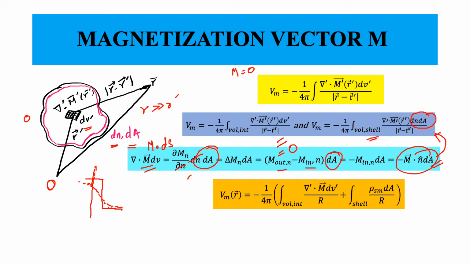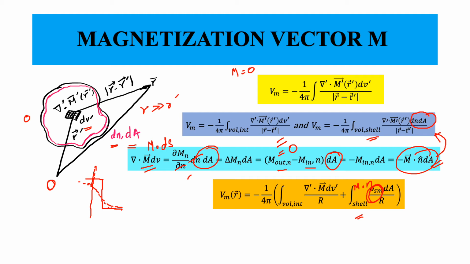This is the interior volume integral, plus the corresponding M dot n dA. This becomes the surface charge density rho_sm, over the surface integral of the shell, divided by 4 pi r.